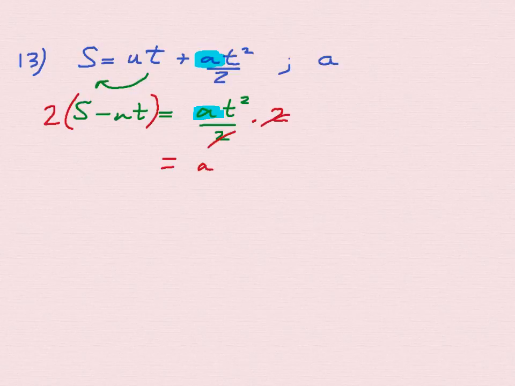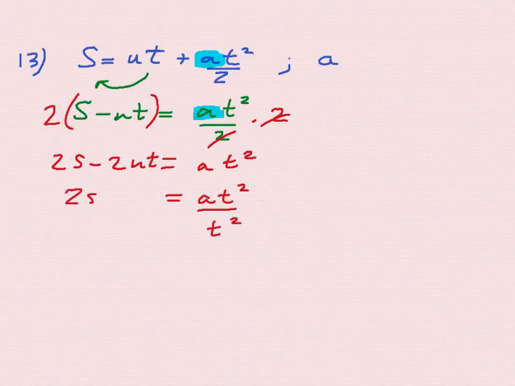I'm going to get AT squared on the left. I can leave it in the bracket, or I can multiply it through the bracket. There's really no preference for one being better than the other. If I want to solve for A, I do have to get rid of the t squared. So if I do it in steps, divide that by t squared, and divide the other side by t squared, I will have my answer.